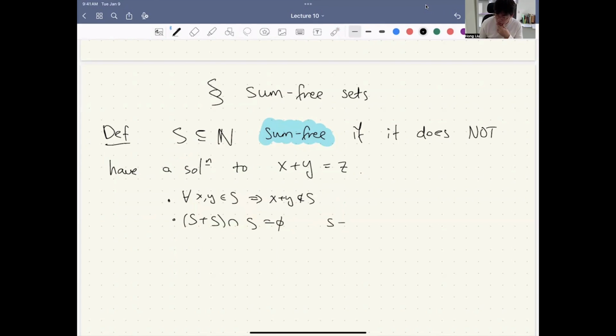S plus S is the notation for the set of elements x plus y where x, y are in S. Sum-free sets are a basic notion in combinatorial number theory.